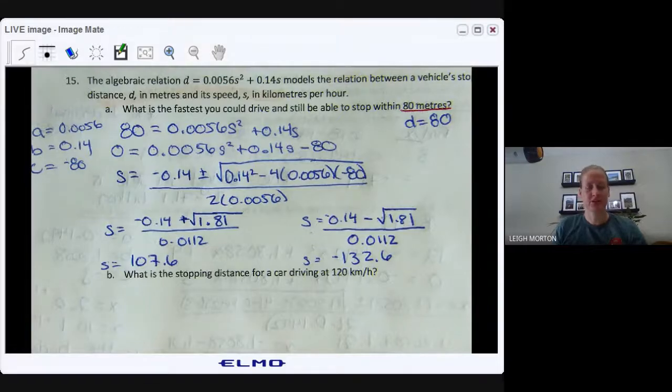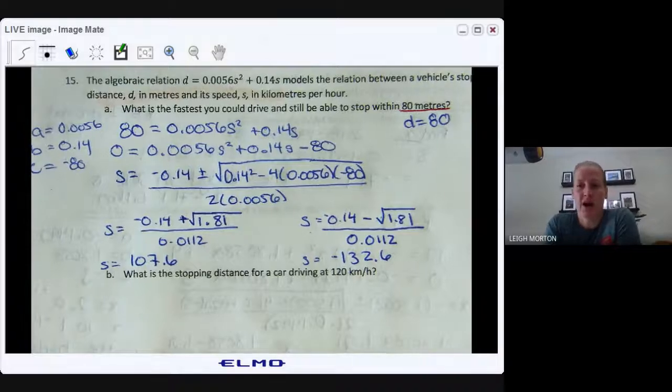All right, I got two possible speeds. Which one is my answer? And why?